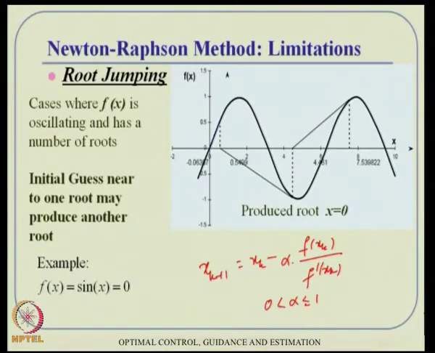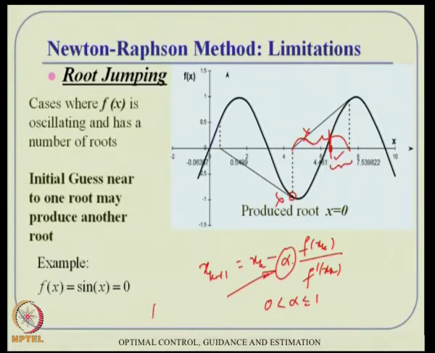If I select a small value, obviously I will not take this whole jump, I will take a smaller step in this direction, so I will go here rather than over there. Many numerical algorithms, including optimization routines, have this alpha term associated with them.